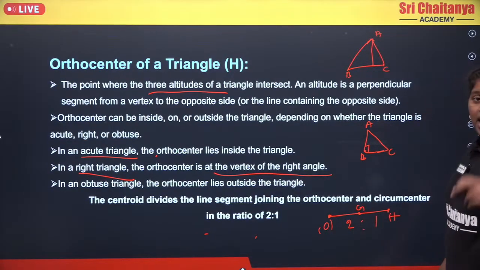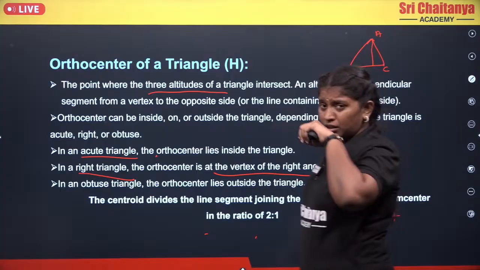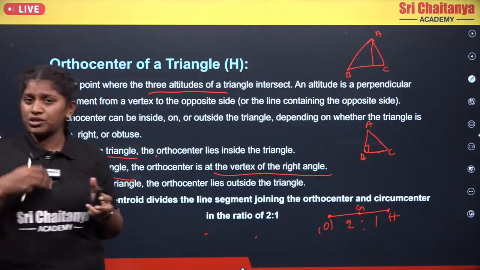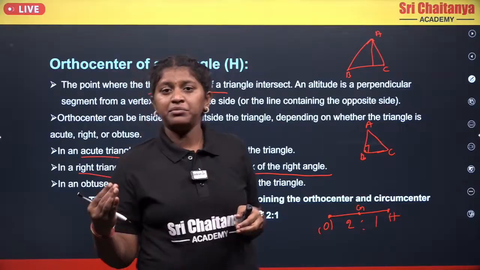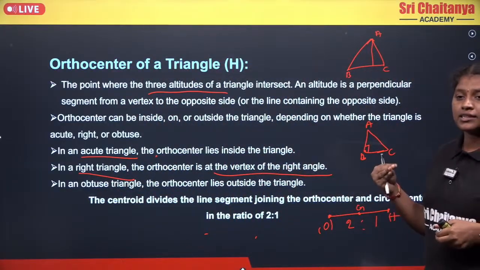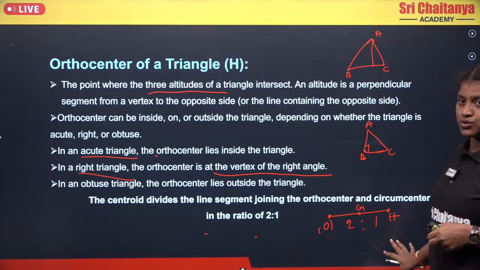Clear? Our centroid is dividing the medians in the ratio of 2:1, and at the same time it is dividing the line segment joining the orthocenter and circumcenter in the ratio of 2:1.